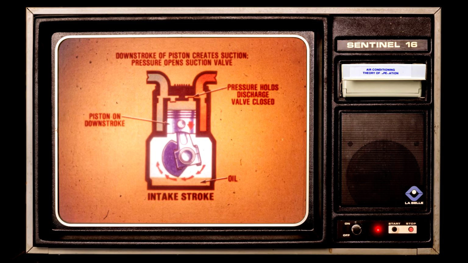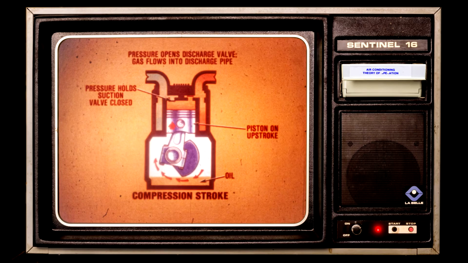The intake valve opens, and the low-pressure gas is drawn into the compressor by the intake action of the piston as it travels downward. Then, the compression stroke of the compressor increases both the temperature and the pressure of the gas. Remember our heat of compression principle?